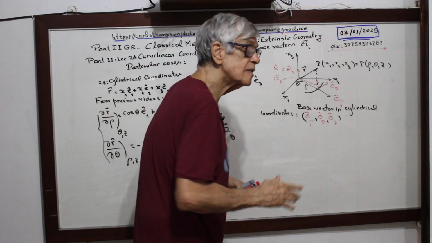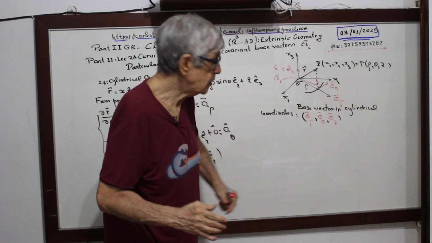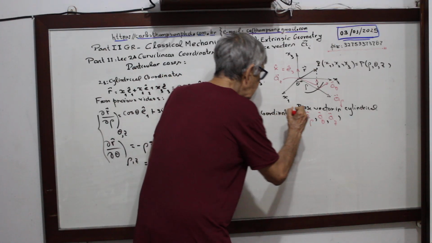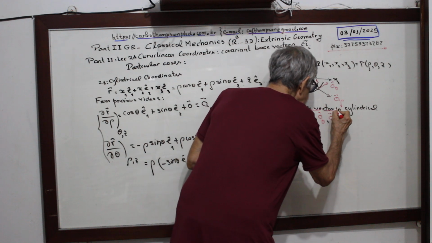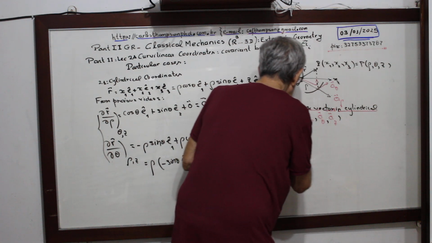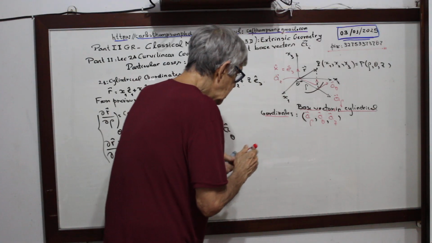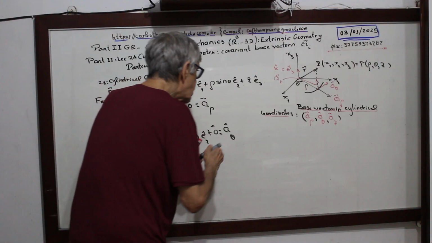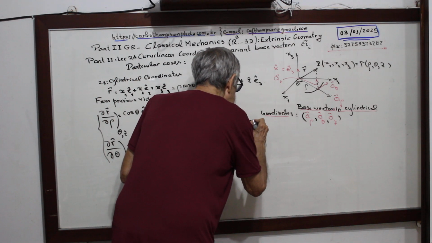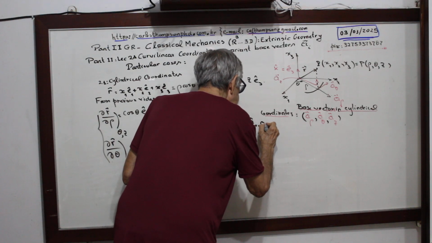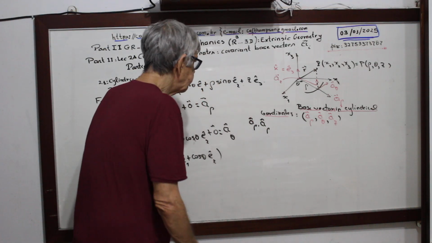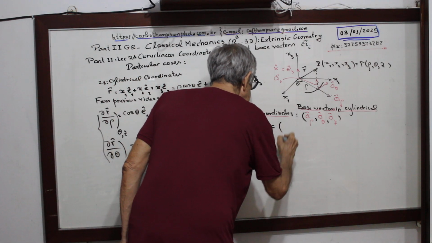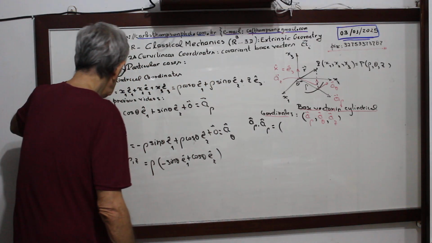So now let's see some interesting properties of these base vectors in cylindrical coordinates. Let's take the dot product, A rho dot A rho. Now, I just substitute. What is A rho?